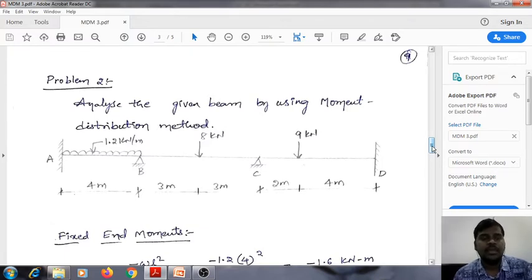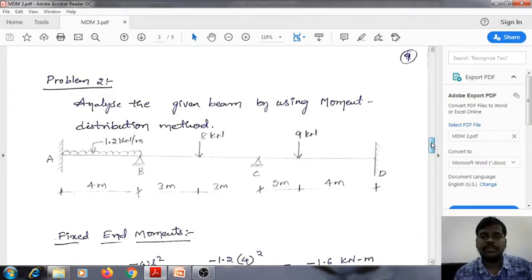On AB, a 1.2 kilonewton per meter UDL is applied, and in BC, an 8 kilonewton load is acting centrally, and at CD we have an eccentric load of 9 kilonewton acting at 2 meters from C. And D is a fixed end.